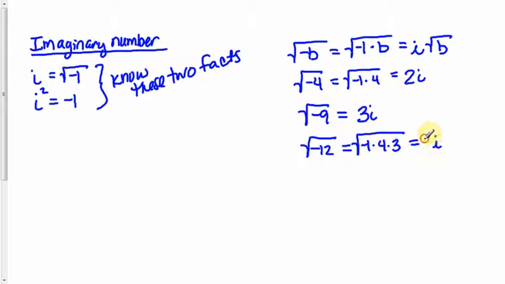The square root of 4 is 2. Always put the coefficient in front of the i. And you're left with 3 underneath the radical. Any questions on that? Not too bad, I hope.